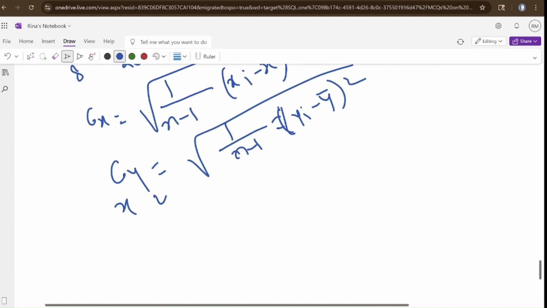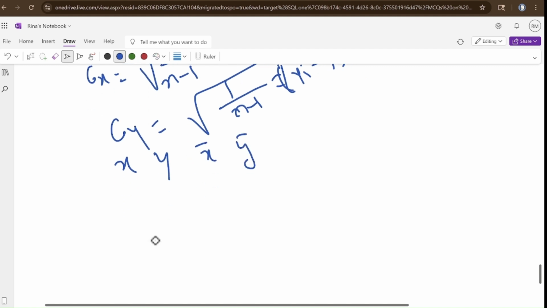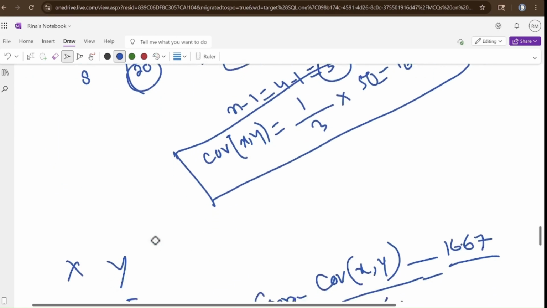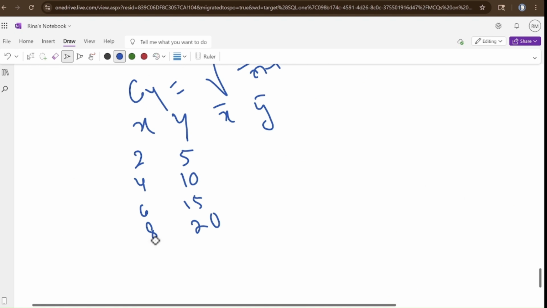Let's calculate sigma x and sigma y. Same way, we write x as 2, 4, 6, 8 and y as 5, 10, 15, 20. X bar we know is 5 and y bar is 12.5, the same thing, so we are not recalculating.